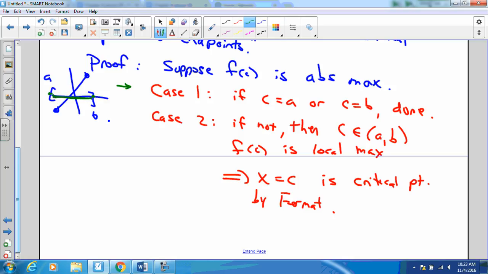Now, what if C doesn't match an endpoint? Then I can go on from there and still get the conclusion I want. So I'm taking the world of possible options, C is an endpoint or C is not an endpoint, and splitting that into those two cases. This one happens to match the conclusion of my proof. This one doesn't, but then I can make it. Does that make sense?